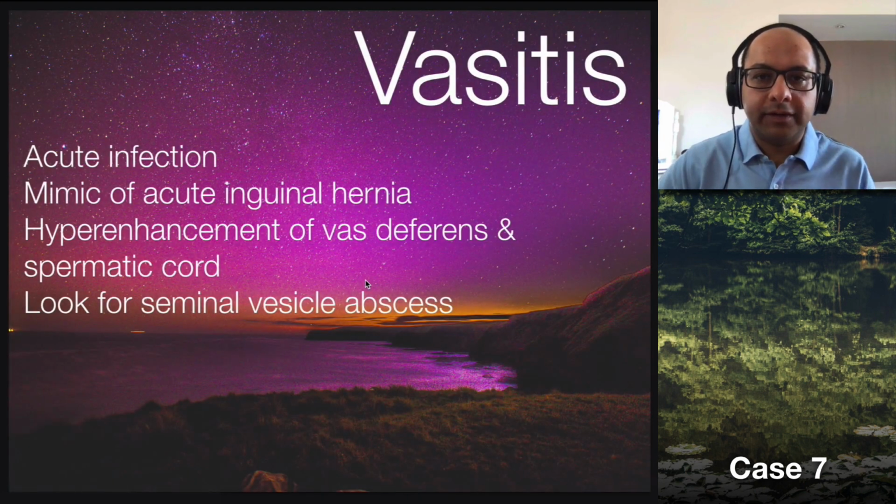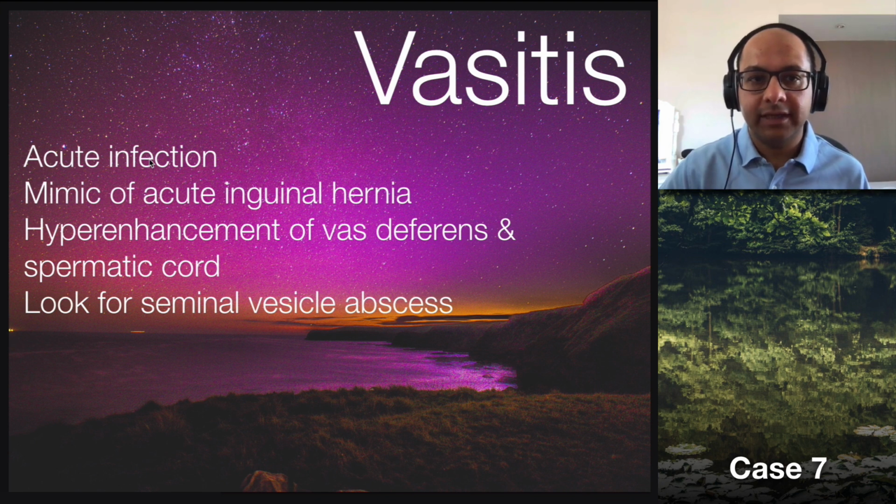We don't see this very commonly, but it does present as a cause of right groin swelling. It's an acute infection, and the pathogens involved are the same ones that are involved in urinary infections. It's a mimic of an acute inguinal hernia, similar to those other 2 cases, where one was an inguinal hernia with appendix in it, and one was a femoral hernia.